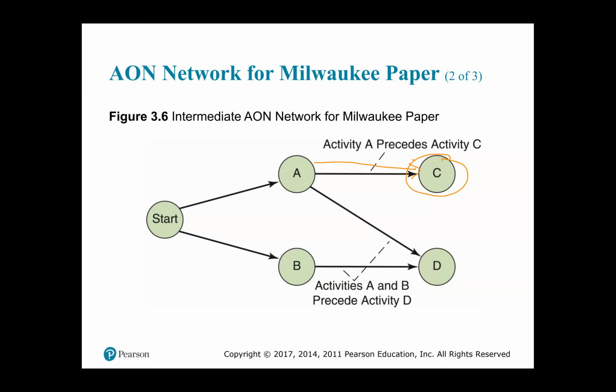So if you notice the drawing of activity D, you have an arrow coming from A pointing to D, and you also have an arrow coming from B pointing to D, meaning that D requires that both activities A and B have been completed immediately before you can begin activity D. So here I've written activities A and B precede activity D. Okay?